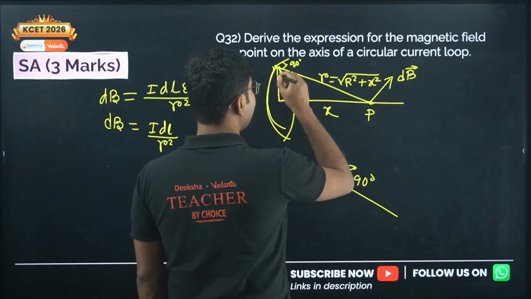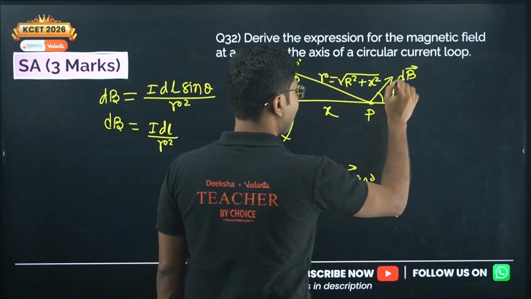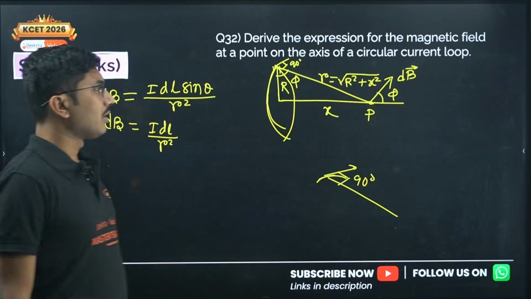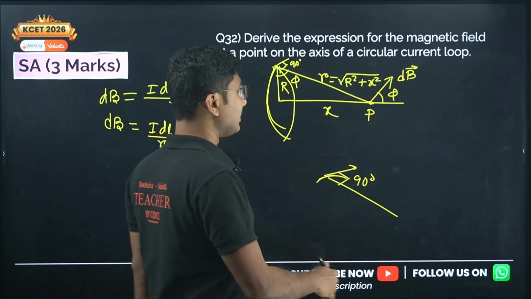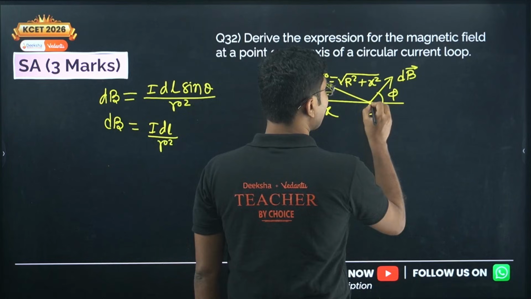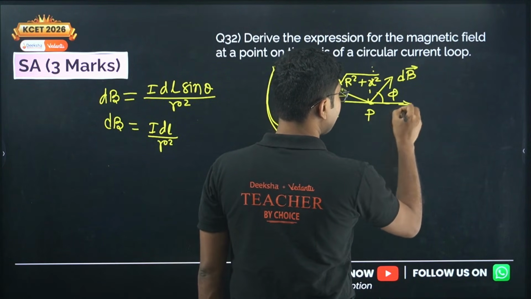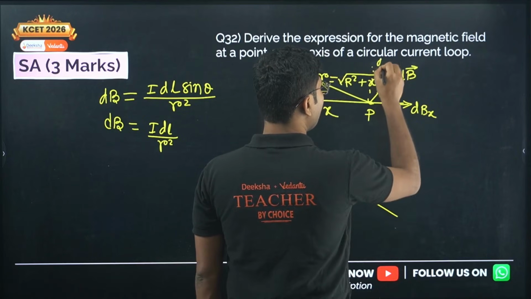If this angle is phi, then this angle will also be phi. This can be proven geometrically; I am not doing it, because we are not getting any marks for this derivation. So you see that there will be two components, one along the y direction and one along the x direction. So this will be dBx and this will be dBy.